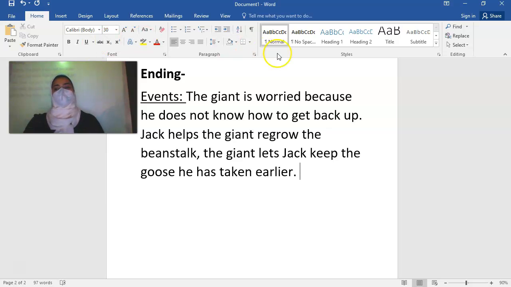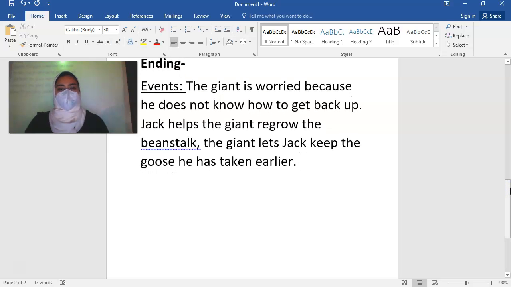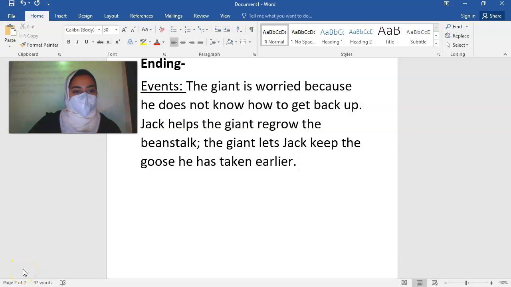It's okay. You're a big kid, aren't you? Good job. All right, so the giant is worried because he does not know how to get back up. Jack helps the giant regrow the beanstalk, and the giant lets Jack keep the goose he had taken earlier in return. All right, if you need time to write that down, you can pause the video now.